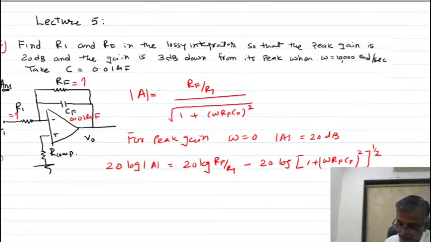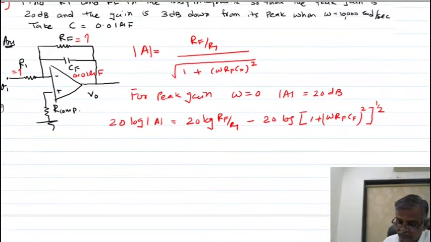This is your equation, already you have studied this equation. I have taken the log on both sides. So I have written 20 log A is equal to 20 log Rf by R1 minus this.